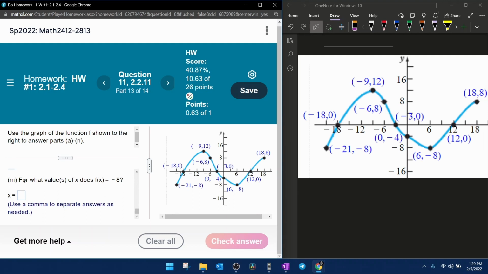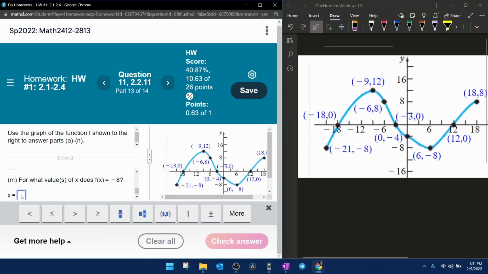Two more parts to go. M. For what values of x does f of x equal negative 8? I think we've already done one like this. Where is y negative 8? Well, look, that's at 2 places. Y is negative 8 when x is 6 and negative 21.